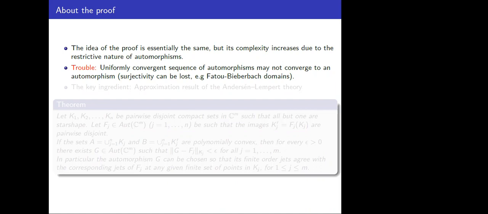For example, if you're familiar with Fatou-Bieberbach domains, these are domains omega inside Cn, which is not Cn.